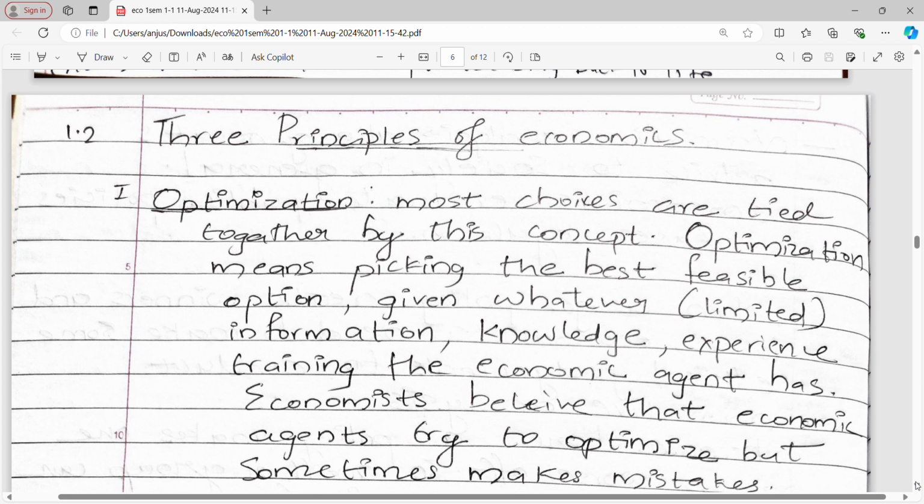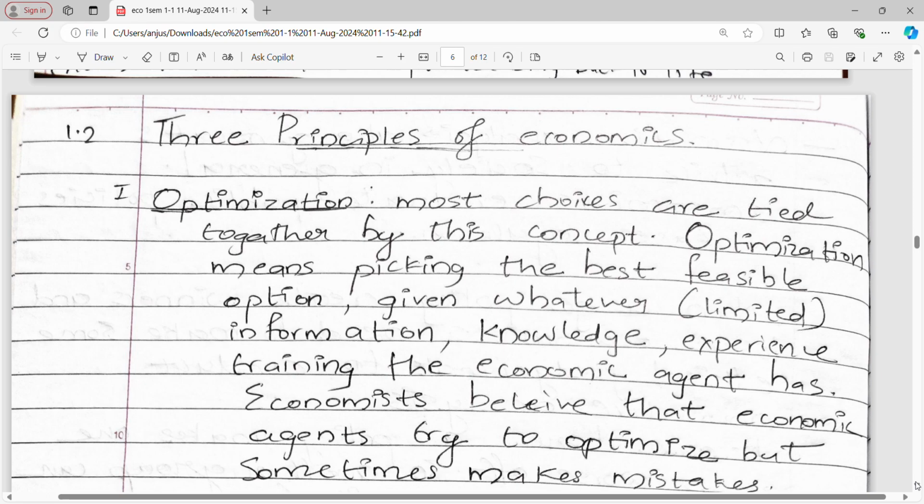All social sciences study human behavior. Economics is also studying human behavior. So other than other social science subjects, what is extra in economics? There are three principles. First one is optimization.